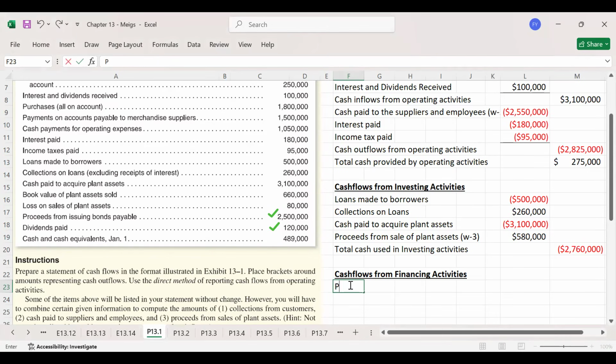First of all is proceeds from issuing bonds payable, because the company is getting cash, so this would be a positive amount, which is $2.5 million. And then dividends paid.